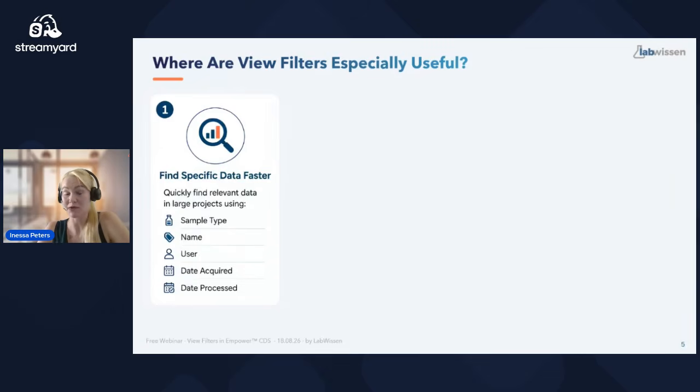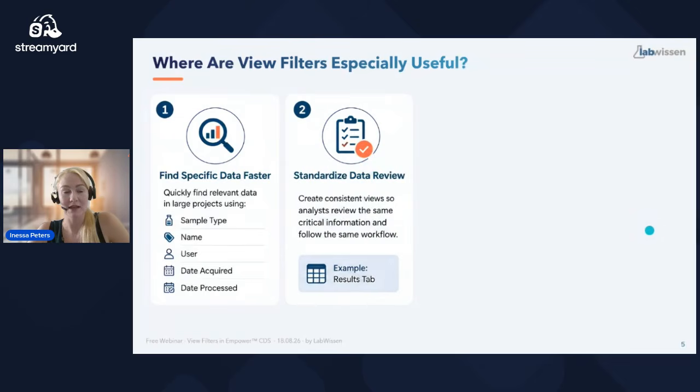You can use view filters to find the information you need. You can also use them in different projects at the same time. You need the global projects view for that. If you want to learn more about it, you can write me a short message and I can tell you about it. The second area where view filters are very useful is to standardize your data review workflow.